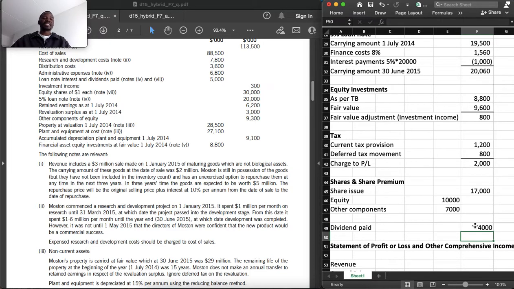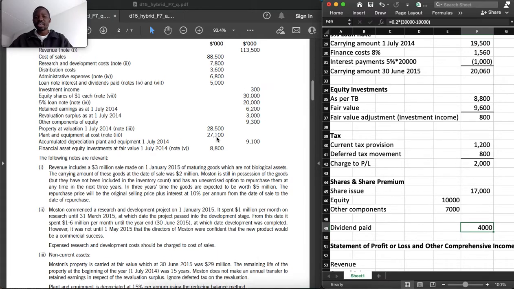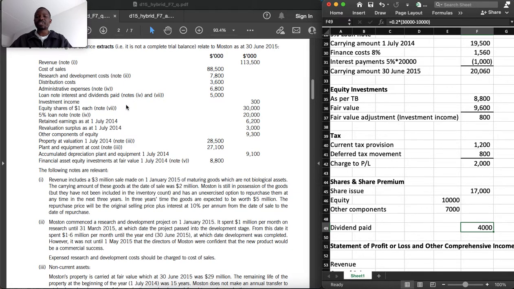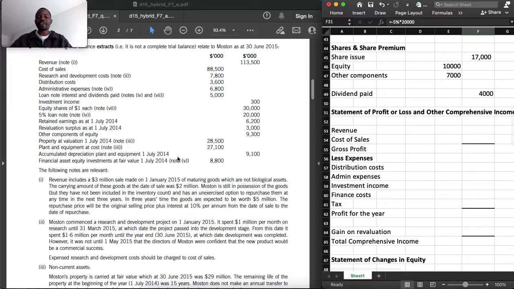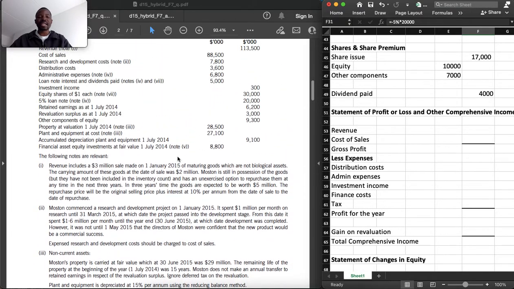So the dividend that is paid is 4,000. So if we go to our trial balance, we have got loan interest and dividend paid of 5,000. This 5,000 is made up of this 4,000 plus the interest of 1,000. We have worked everything that we need to work out.